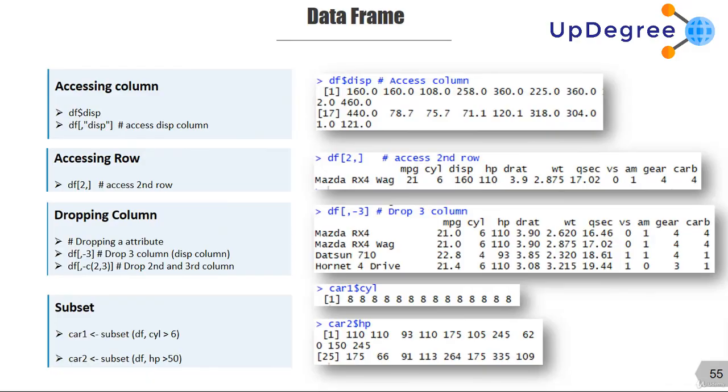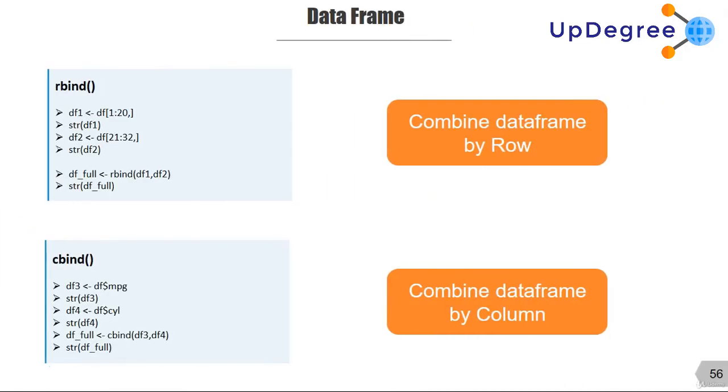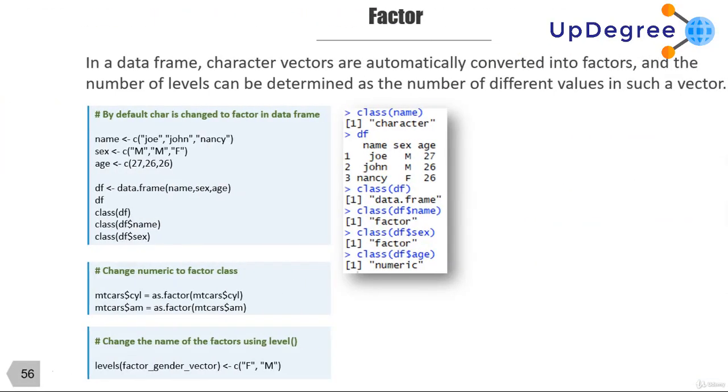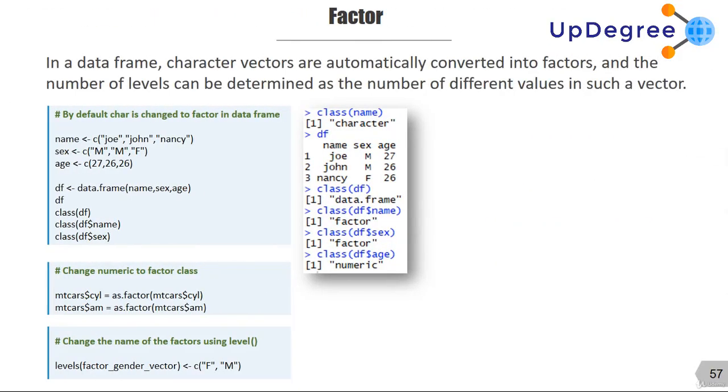and then we learned how to drop a column, and how to access a column using some condition, subsetting as well. And then we also learned that if you want to join two data frames by row, that you can do, or you can combine two data frames by column, that can be done. We also learned that any character variable, when it goes into a data frame, is automatically converted to a factor.